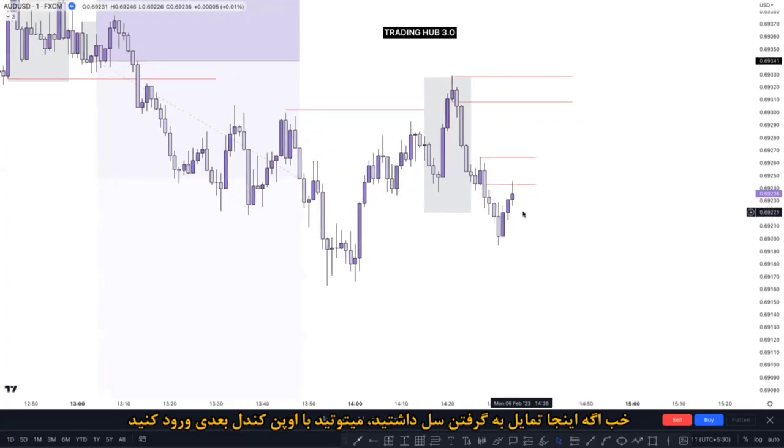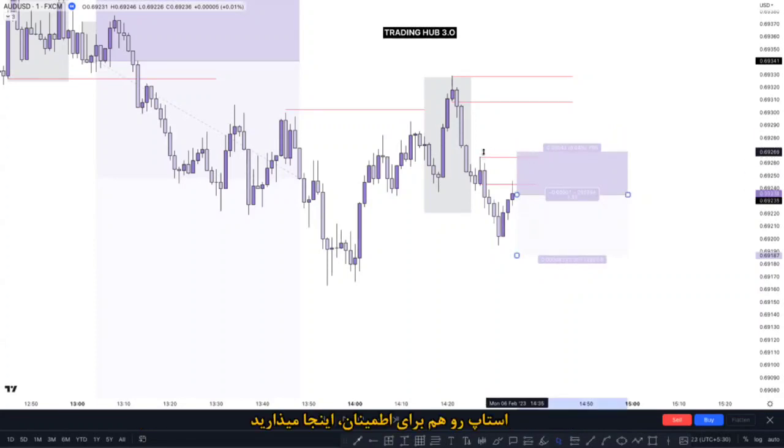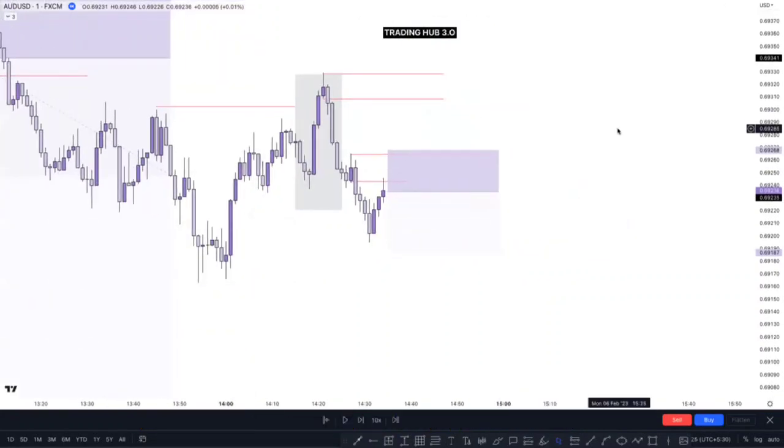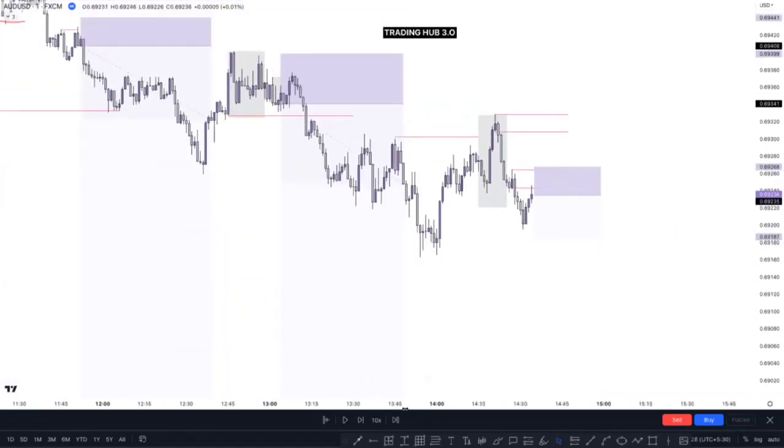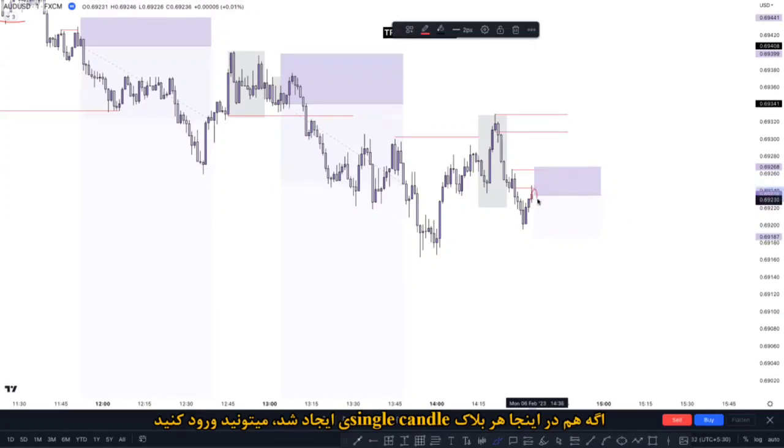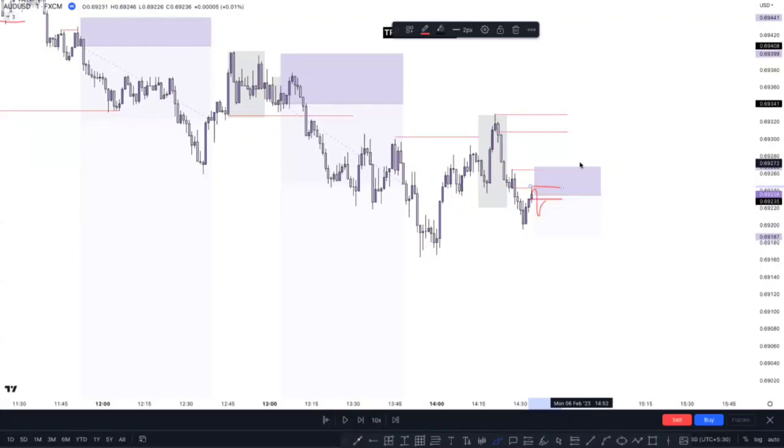So you can simply sell based on the next candle open if you are willing to sell, and put the stop loss just above it for the safer side. And if the market creates any single candle order block here, then you can also sell. So these are some possible scenarios here for the sell.